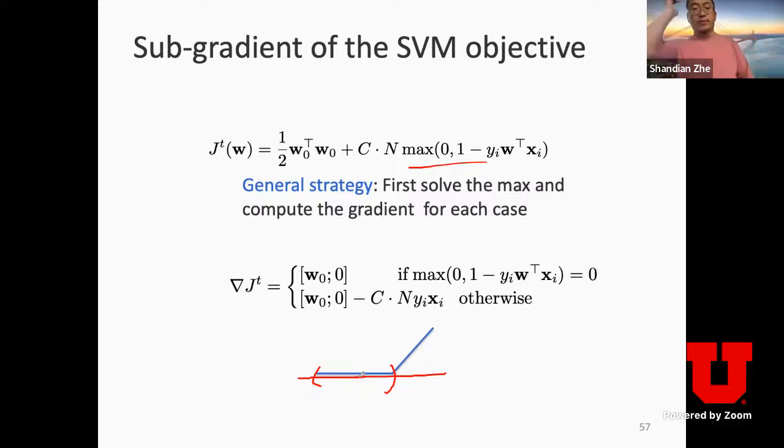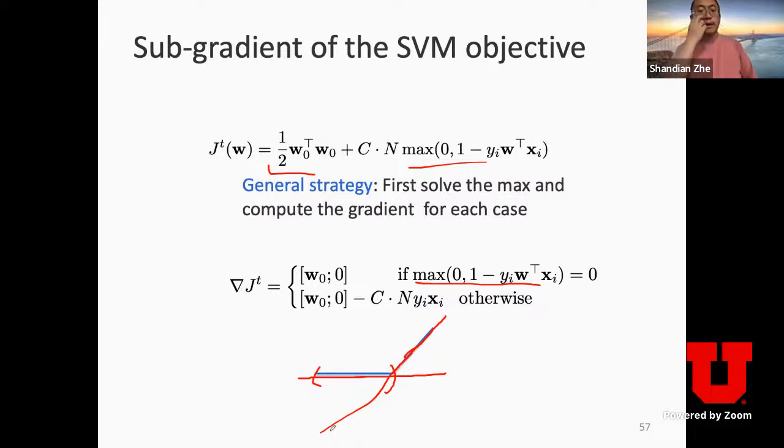So the subgradient is valid, it is 0, and then the full subgradient includes the regularization term, which is just W and 0. And if your max function value is not 0, it's 1 minus yi W transpose xi, that means you're at this part. Now you just use this line as your subtangent line. This line again overlaps part of your max function but stays below the entire function.